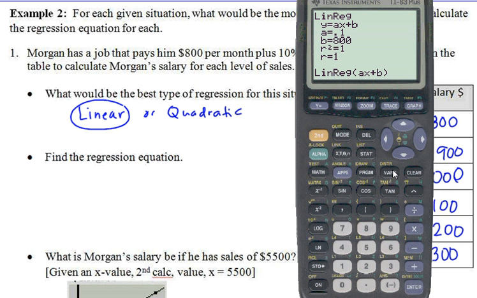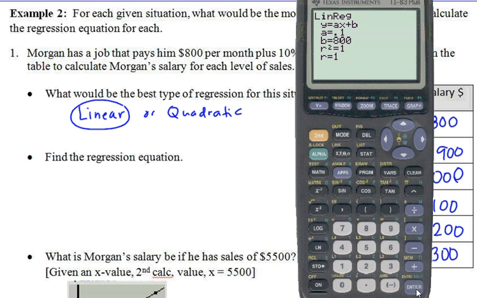Okay, so again, VARS for variables. We need Y variables, so over to 1, and then enter three times. VARS, over to Y variables, and then enter, enter, enter. Is yours different? Because your diagnostics aren't on.